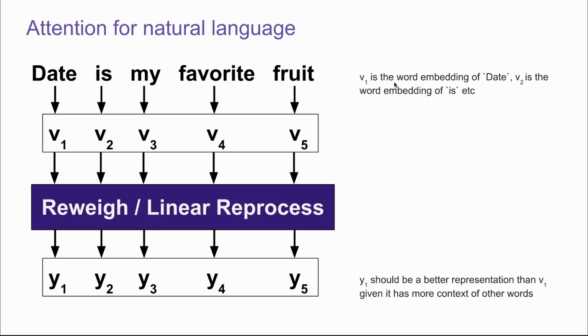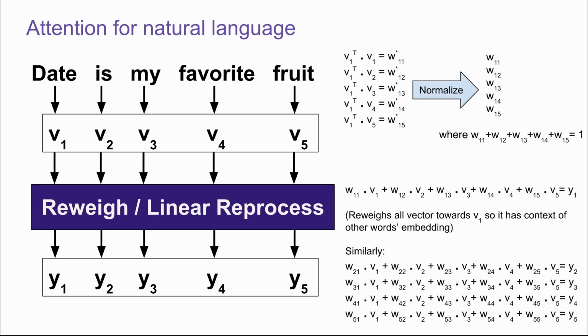So v1 is the word embedding of date, v2 is the word embedding of is, etc. Then we input these word embeddings to this big box, which is supposed to be the attention mechanism, and the output is going to be y1, y2, y3, y4, y5. What we want is that y1 is a better representation than v1 because it has more context of other words. So this y representation should have more context than v.